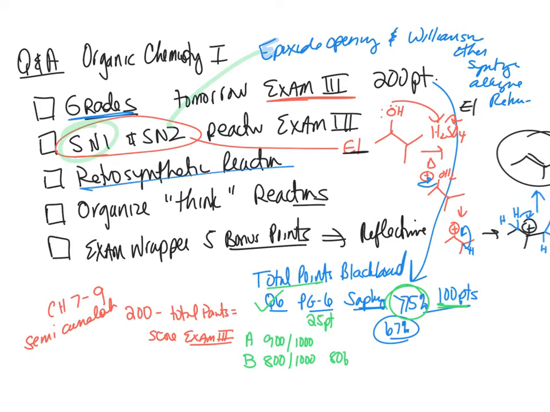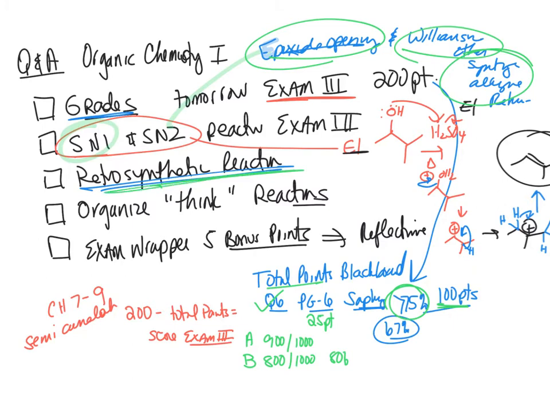So I will design a retrosynthetic scheme here as an example, and we will do an epoxide opening, and we'll do these three reactions in an example or two of that. So that's where you can see that you're going to need to know your SN2, backside attack, less hindered. And I'm going to try to help you organize your thinking. Okay, so let's go with a retrosynthetic scheme.